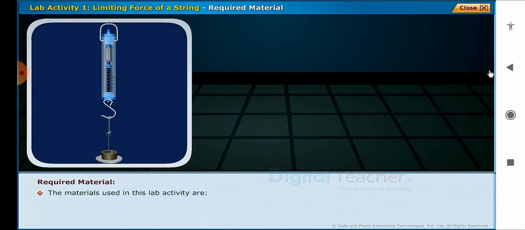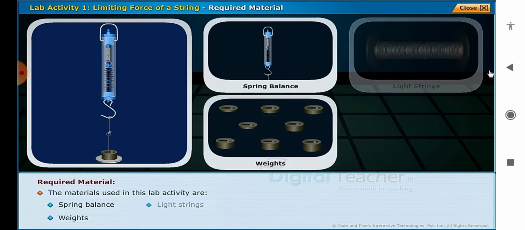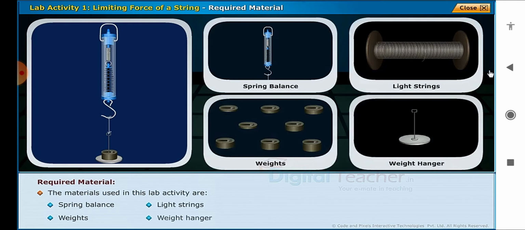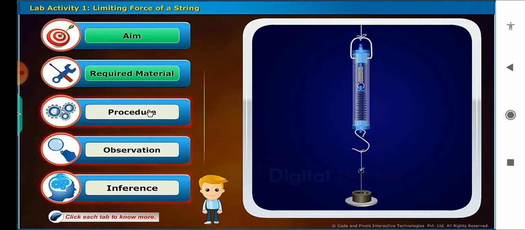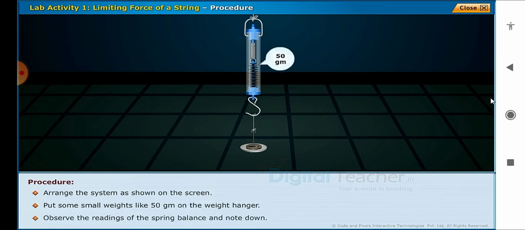The materials used in this lab activity are spring balance, weights, light strings, weight hanger. Arrange the system as shown on the screen. Put some small weights like 50 grams on the weight hanger. Observe the readings of the spring balance and note down.